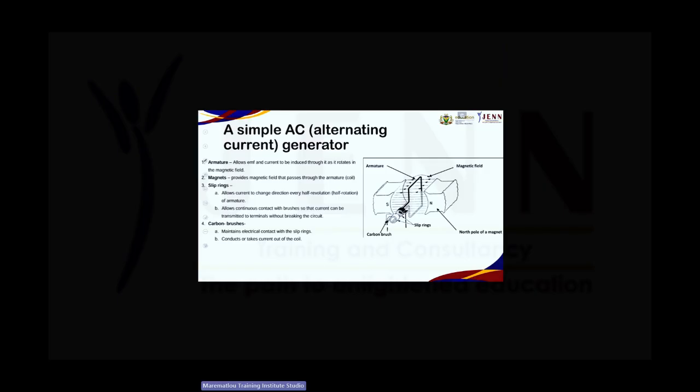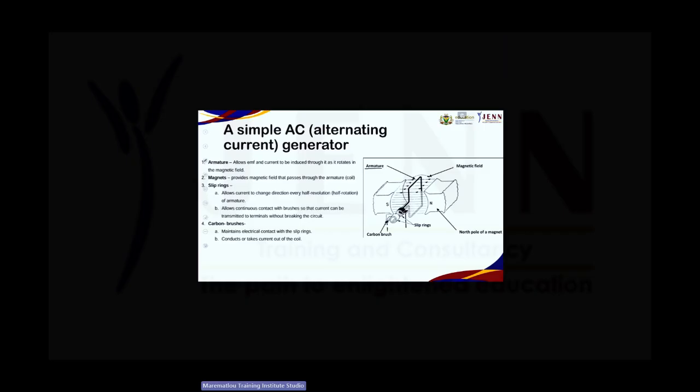When we look at our AC generator, we have our armature. Our armature is the coil that we have on our external circuit, and that allows EMF and current to be induced as it rotates in the magnetic field.